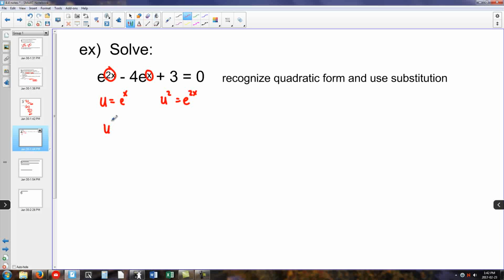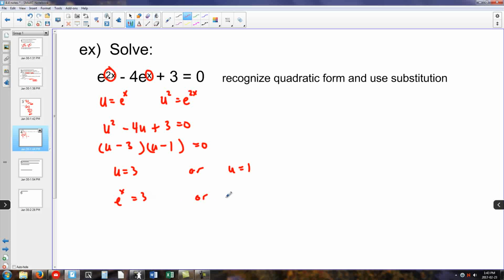So this would be u squared minus 4u plus 3. This is solvable by factoring. This just allows us to solve some complicated looking stuff. We end up with u could equal 3 or u could equal 1. Well, if we put e to the x back, e to the x could equal 3 or e to the x could equal 1.